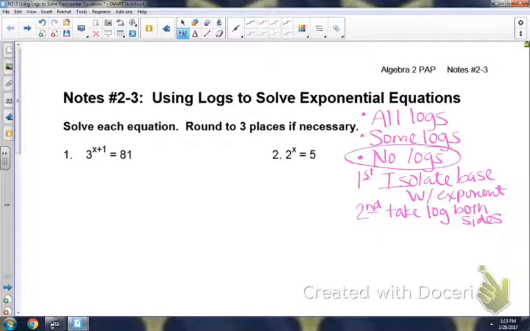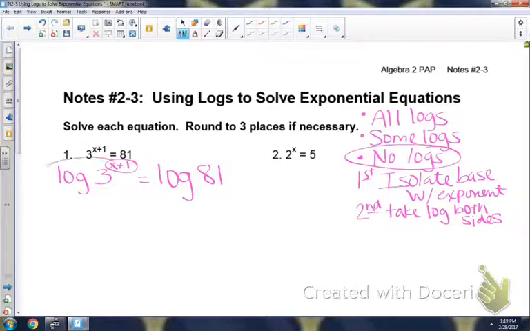So number 1, notice that the base is 3, the exponent is x plus 1. So it's already by itself. So what I'm going to do is I'm going to take the common log of both sides of our equation, because whatever we do to one side we have to do to the other. The reason we're going to take the log of both sides is so that way I can take that exponent.